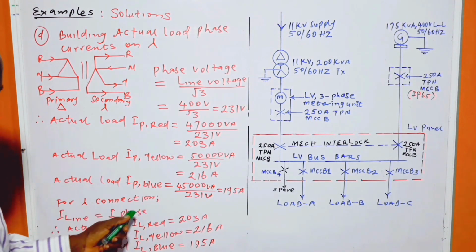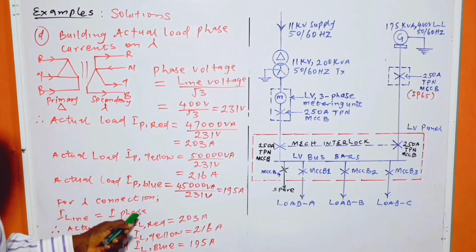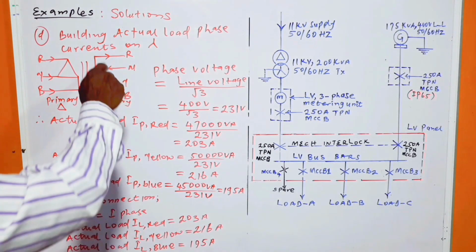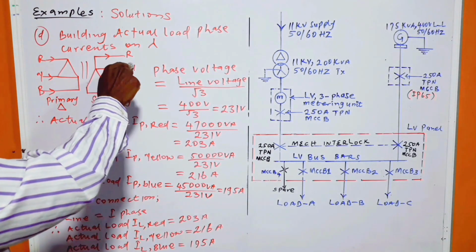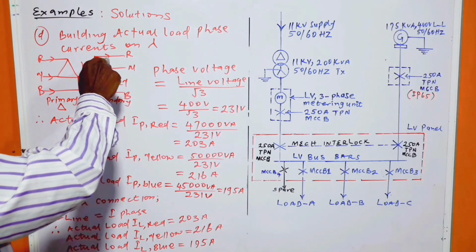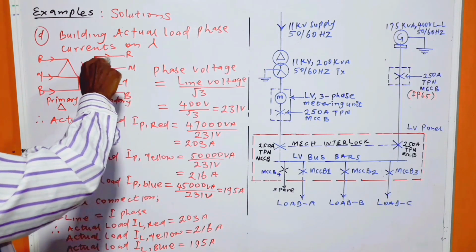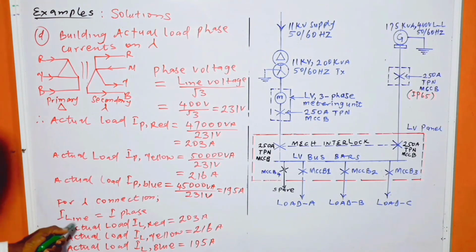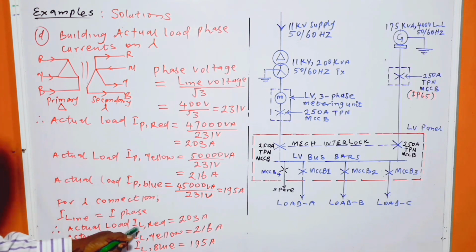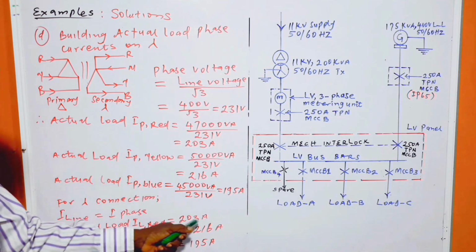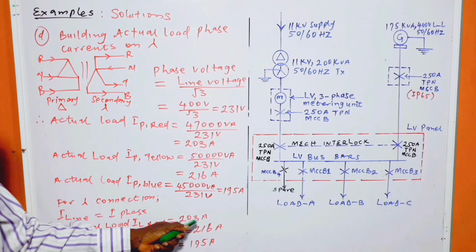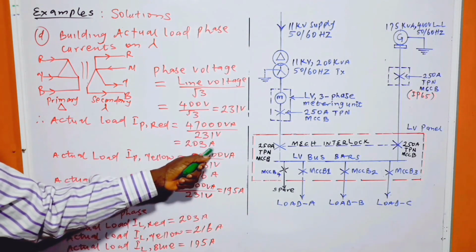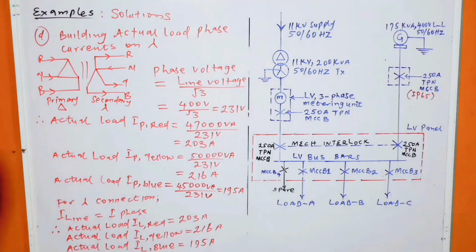For star connection, I line is equal to I phase. This is star connection, this is star here. So the phase current is always equal to the line current. So I line is equal to I phase. Therefore, actual load I line red is equal to 203 ampere, just as it was calculated here.